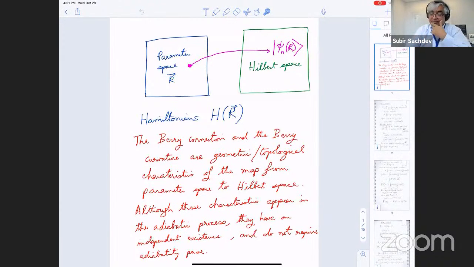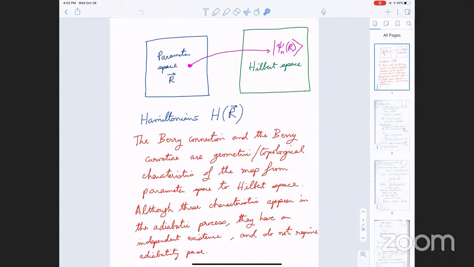The next few lectures will be trying to understand the topology of this Hilbert space. And that has important consequences, including the integer and also fractional quantum Hall effects. Okay, that's the introduction to what we'll talk about on Monday then.